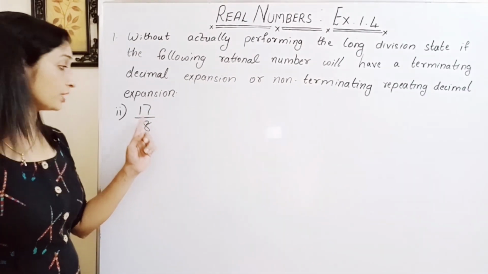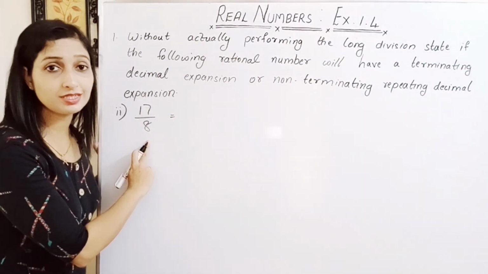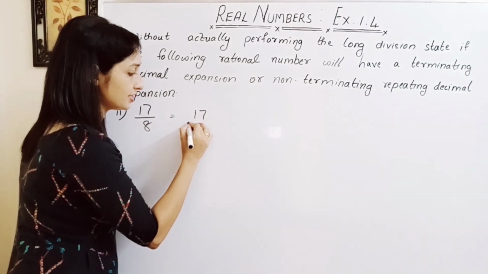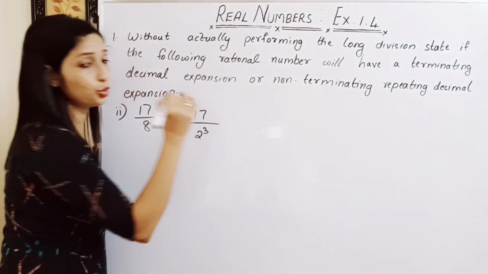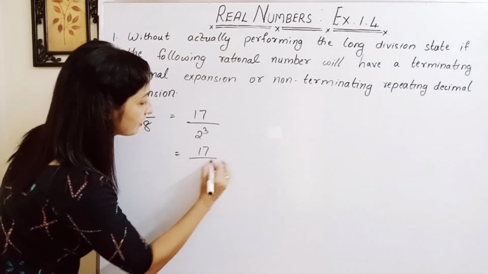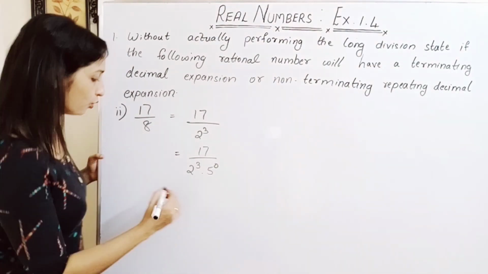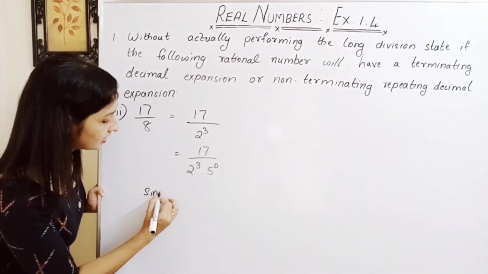So this is our second question, which is 17 by 8. Now how can you write the denominator 8? You can write it as 17 by 2 cube. Now how can you bring the power of 5 here? You can write it as 17 by 2 cube into 5 raised to 0. So how do we write the answer?